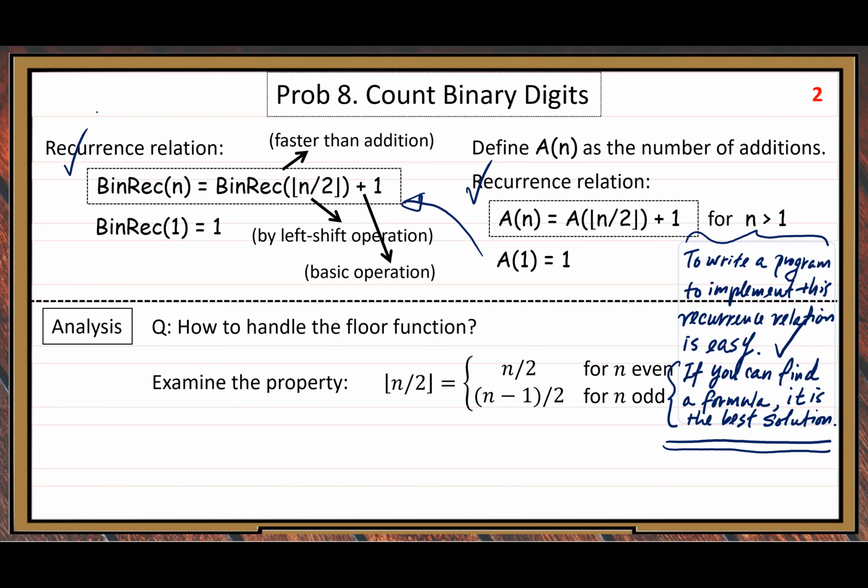In our recurrence relation, if we want to find the exact formula, not an approximate formula, then that truncation part is not very friendly for our problem solvers.